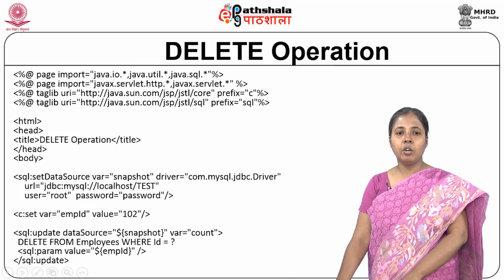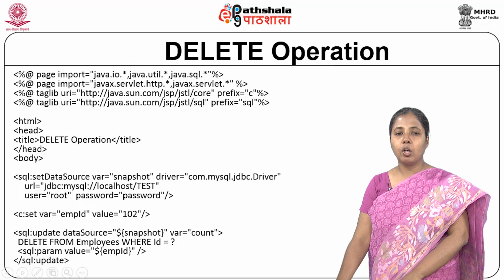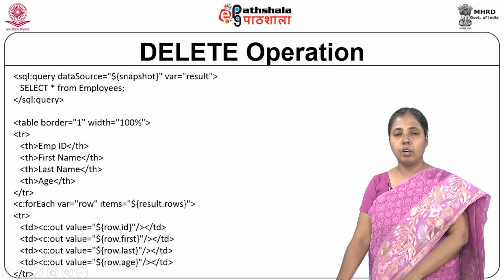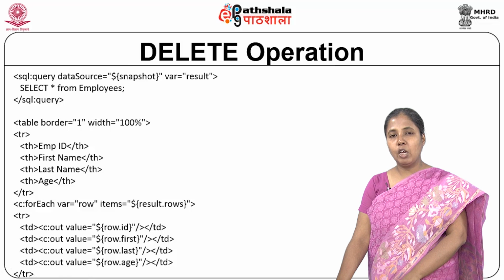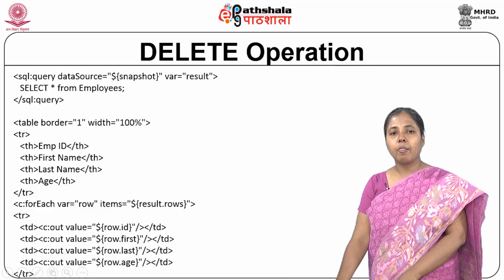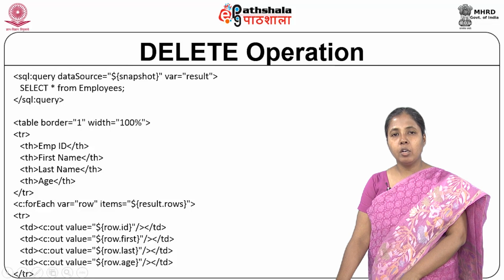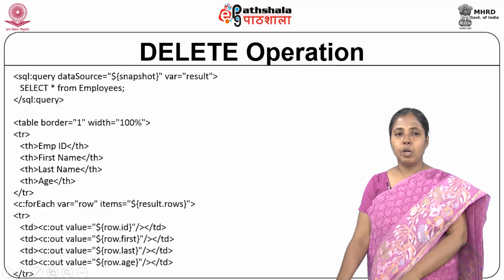So, you use the param tag with value equal to dollar of employee ID. That would retrieve the employee ID from the user. Now, you want to delete the row by giving the value of the employee ID. Here that would get deleted, and then you want to again display the records from the employees table.